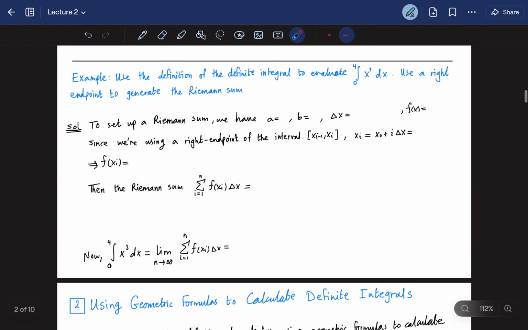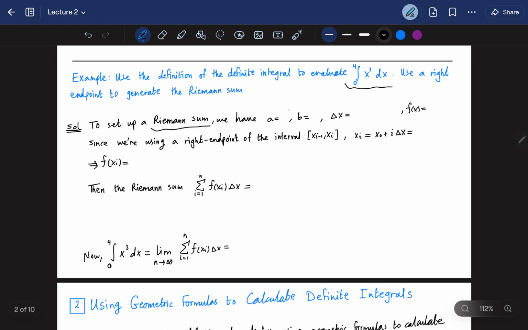Okay, so now let's start this example here. I want to evaluate this integral from 0 to 4 of x cubed dx, and I want to evaluate it using the right endpoints, using the definition that we stated before. So the first thing that we need to do is set up my Riemann sum.